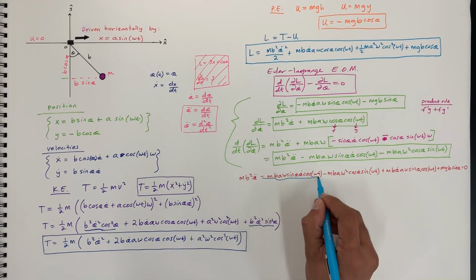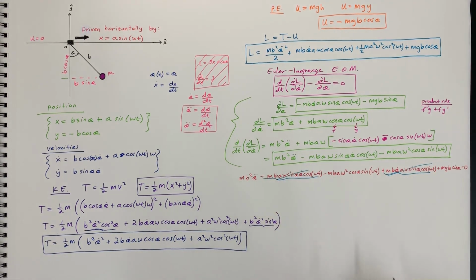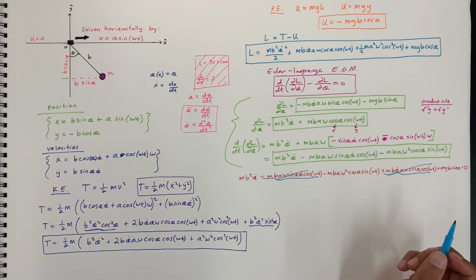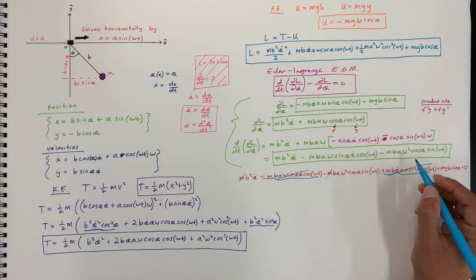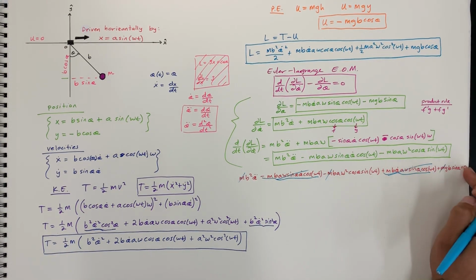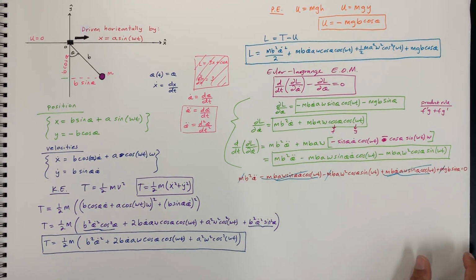So this term here and this term here cancel out. Nice. So we have something easier to work with. And again, we can cancel out the m's, right? Because if we divide everything by m, and on the other side, then it just cancels out. All right, and so let's write what we have left.